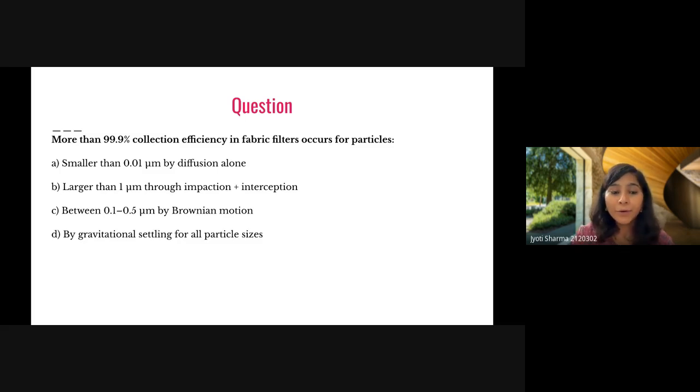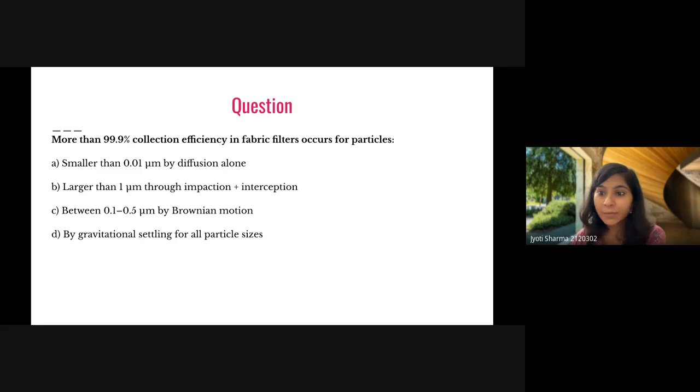More than 99.9% collection efficiency in a fabric filter occurs for which particles? Smaller than 0.01 micrometer by diffusion alone, larger than 1 micrometer through impaction plus interception, between 0.1 and 0.5 micrometer by Brownian motion, or by gravitational settling for all particle sizes.